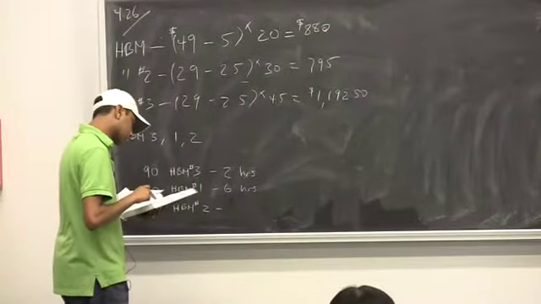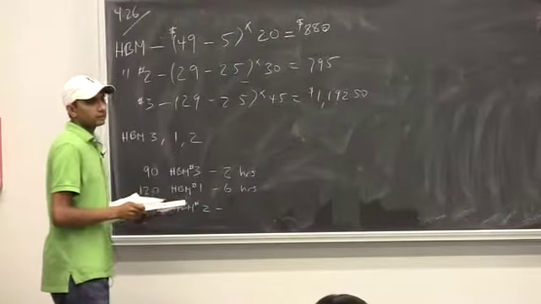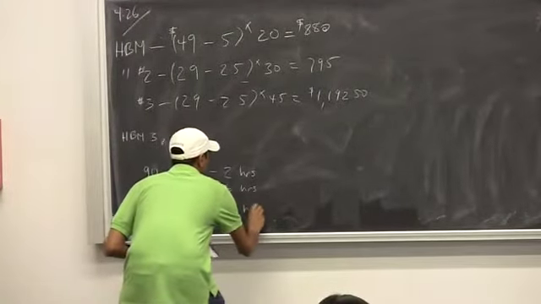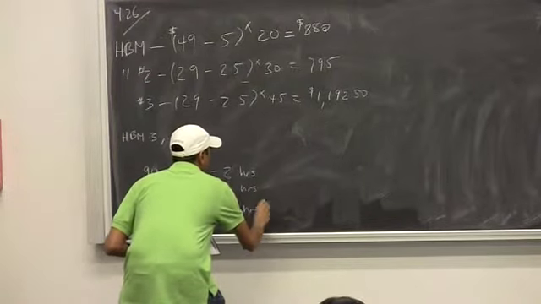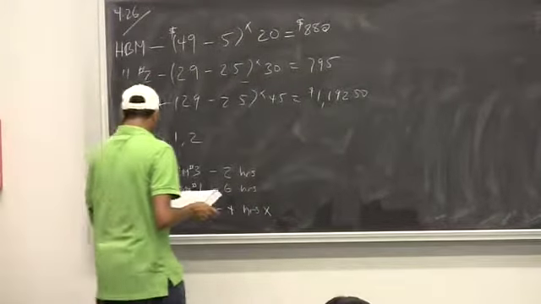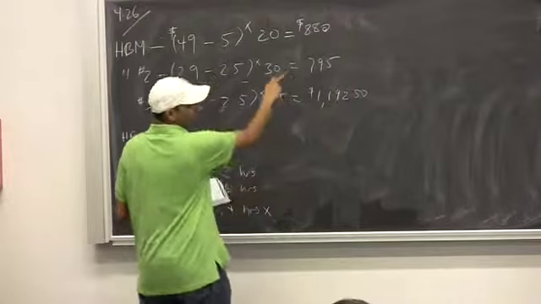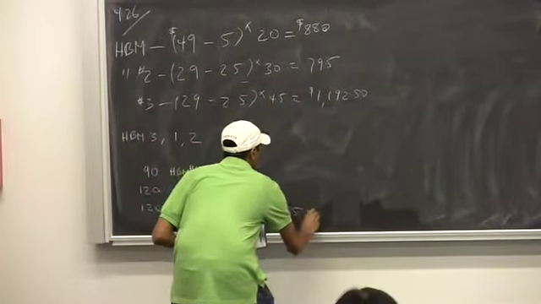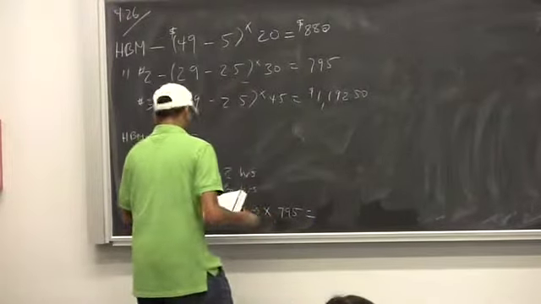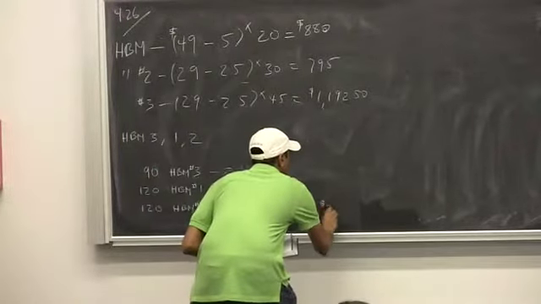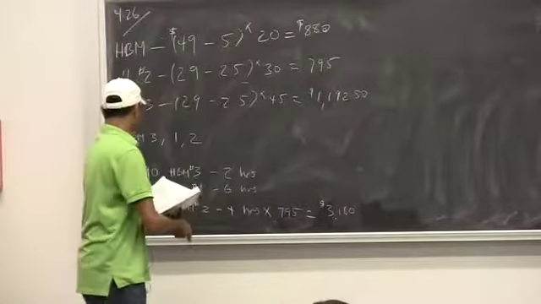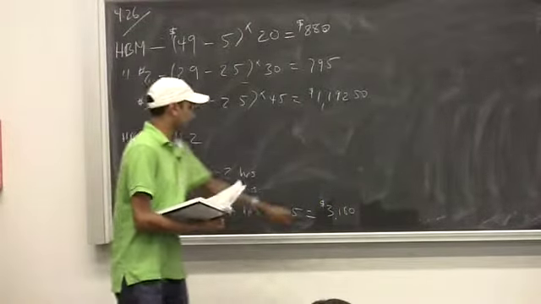And they do 30 an hour, so that takes 4 hours, right? So 4 hours multiplied by your 7.95 is $3,180. So at the very most, she'd be willing to pay $3,180.